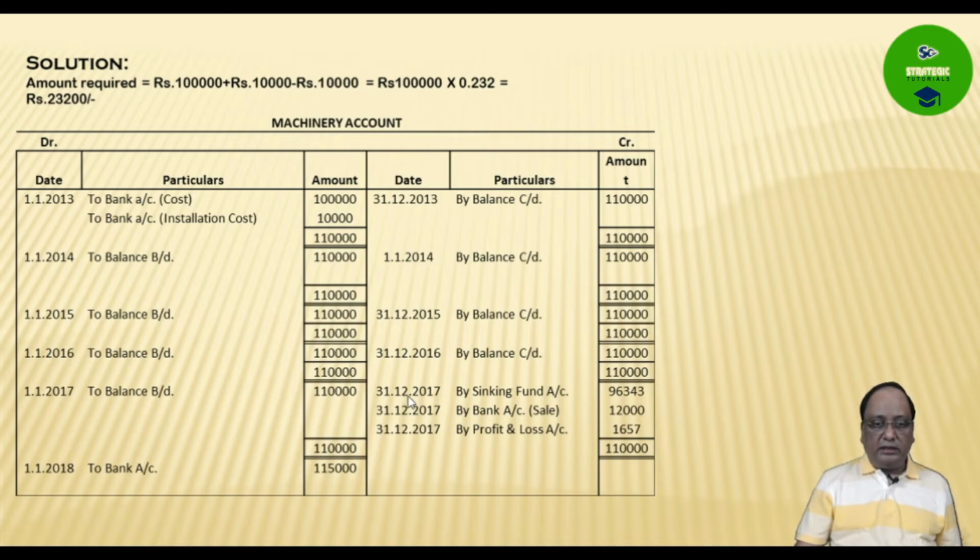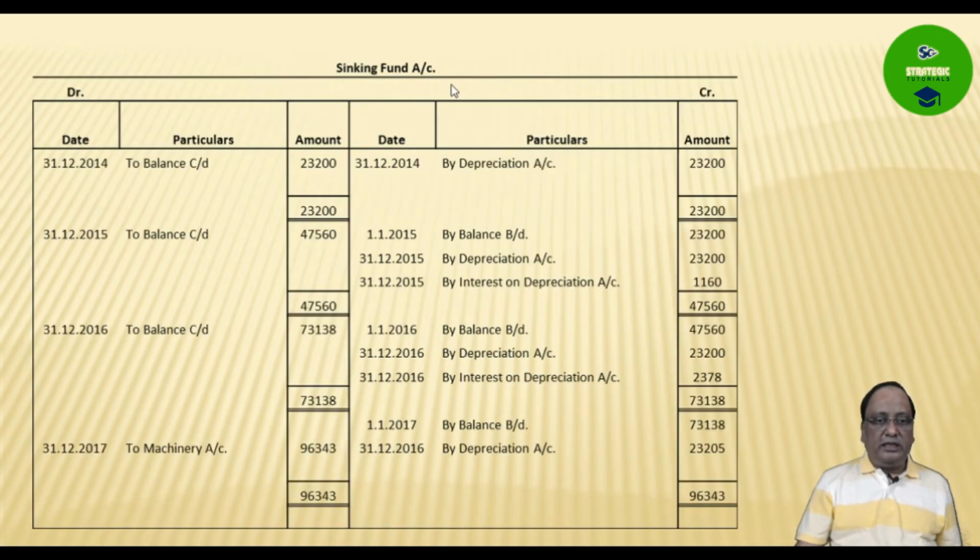So on 31st December 2017, the sinking fund is 96,343. It is coming from the sinking fund account. So this is the sinking fund account. In the sinking fund account, the depreciation is debited to sinking fund. So by depreciation 23,200 and the balance going on.